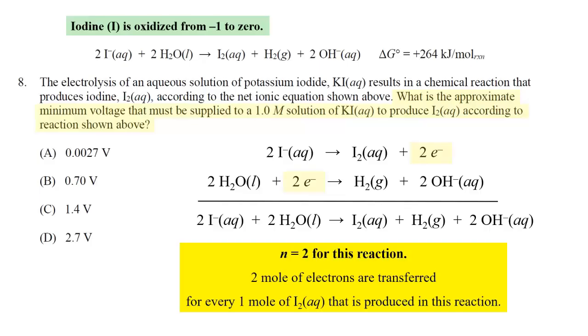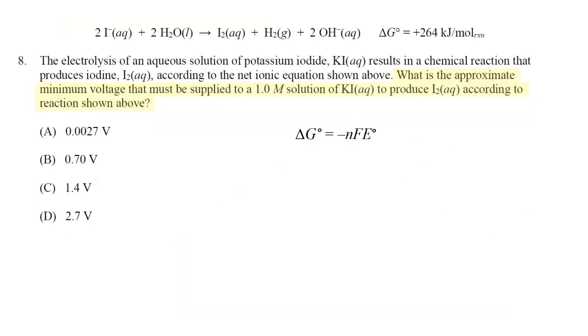So 2 moles of electrons are transferred for every 1 mole of iodine that is produced in this reaction. Okay, so back to the equation, delta G equals -N times F times the cell potential. The only thing I don't know is the value of the cell potential. I'm expecting that the sign of the cell potential should be negative since this reaction is not thermodynamically favored.